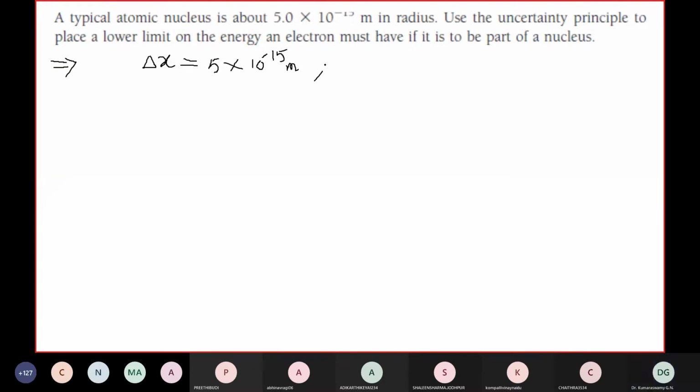Now delta P is greater than or equal to h cross by 2 into delta X, which is greater than or equal to, give me the answer.